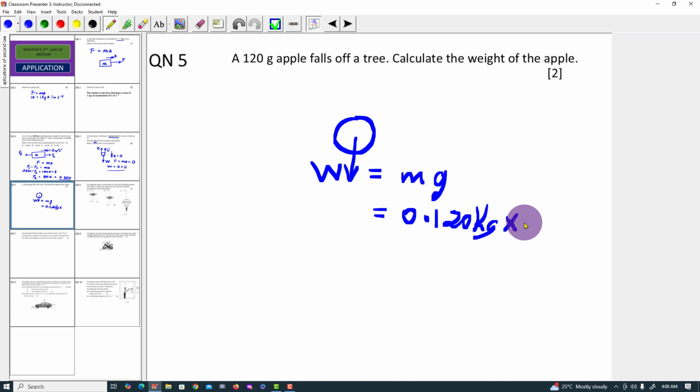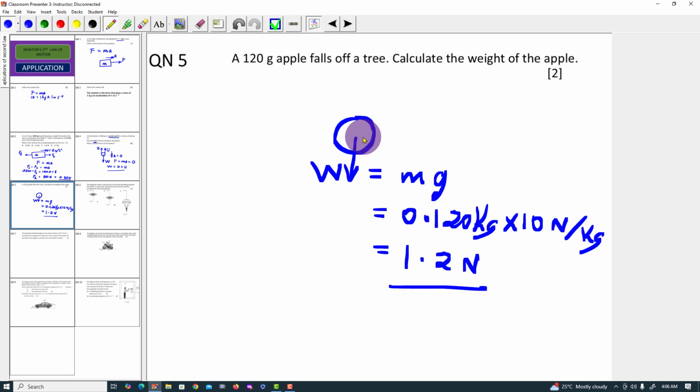The value of the gravitational field strength, I'm going to take it to be roughly 10 newtons per kilogram, and that means this is 1.2 newtons. That is the weight of the apple.